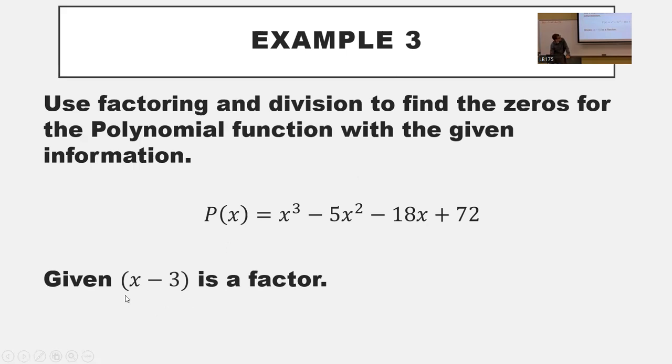Now, we're going to be given originally that x minus 3 is a factor. We'll show how to get that without being given it in a little bit. But for right now, we know that x minus 3 is a factor.